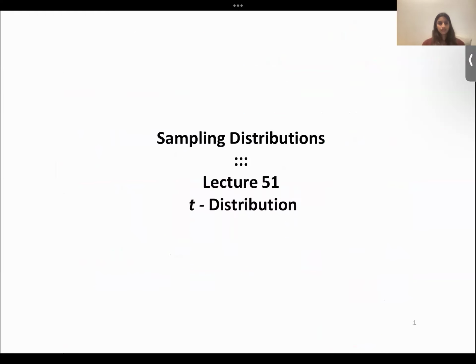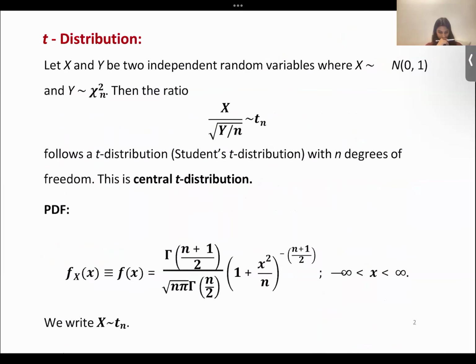So chi-square distribution was done. The next one is the t distribution. This is also one kind of sampling distribution. You have a t distribution when you have two independent random variables x and y.